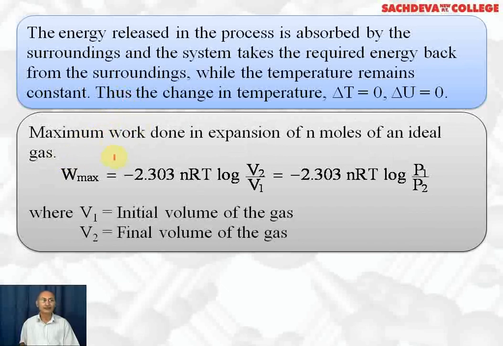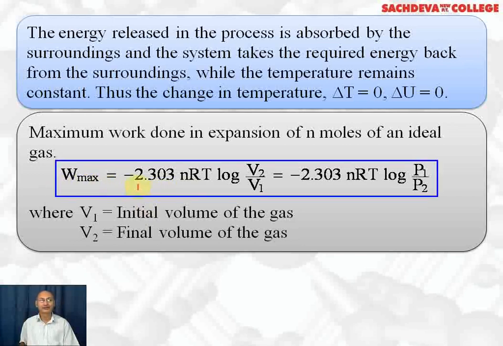Now we are going to take up maximum work done in expansion of n moles of ideal gas. First of all, in expansion, work will be done by the system and it will depend upon how many moles of gas are there. It will also depend upon initial volume, final volume, or initial pressure and final pressure.